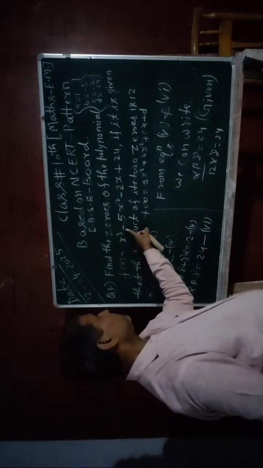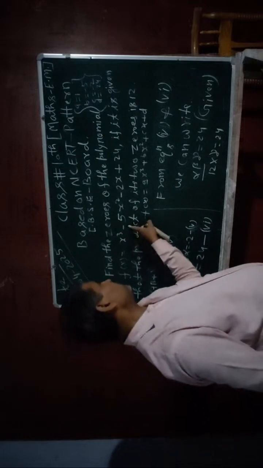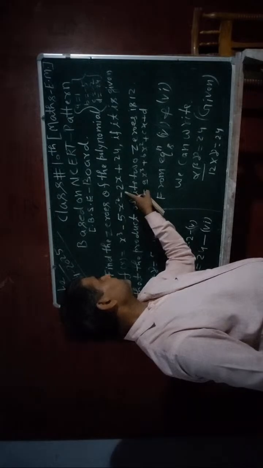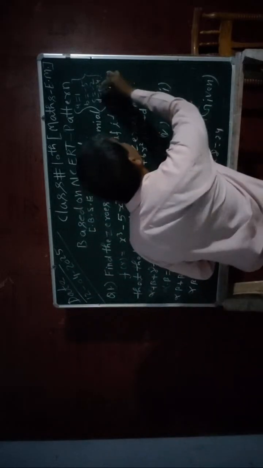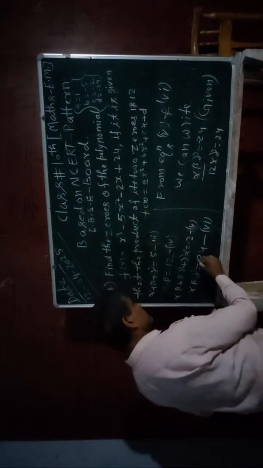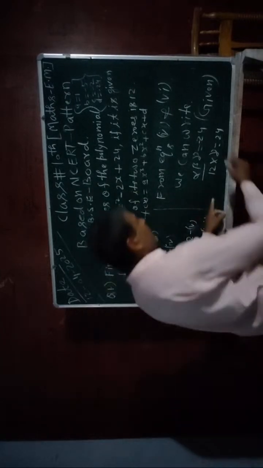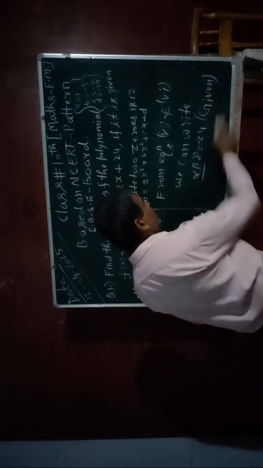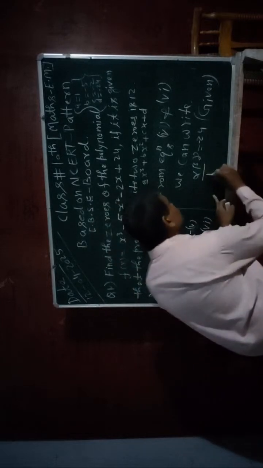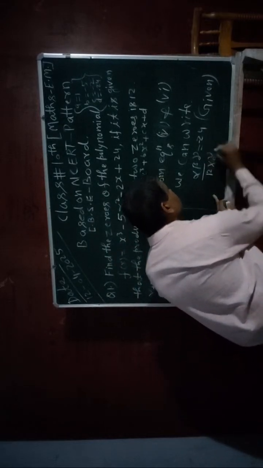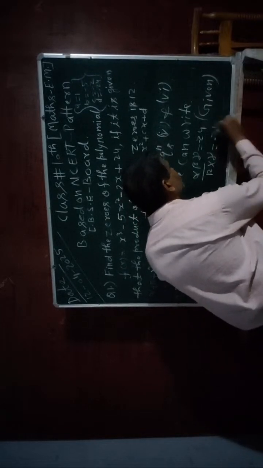This will be minus, so this is the minus. So I will put the value of alpha beta. This is 12 into gamma is equal to minus 24.